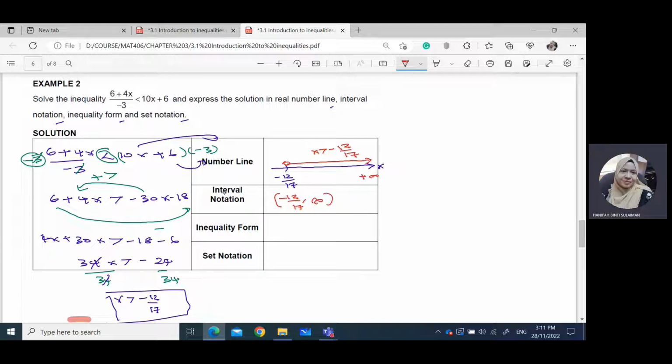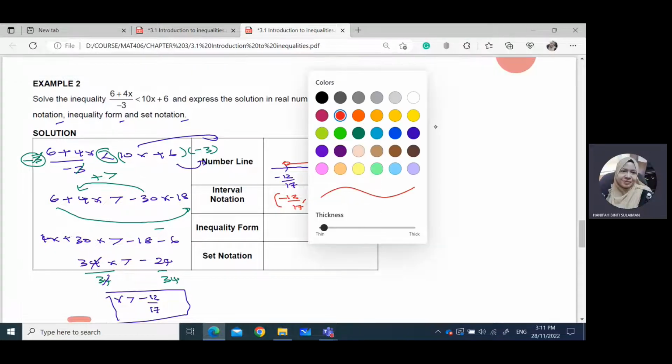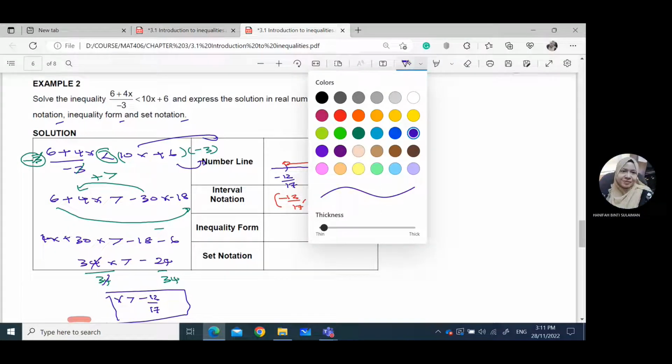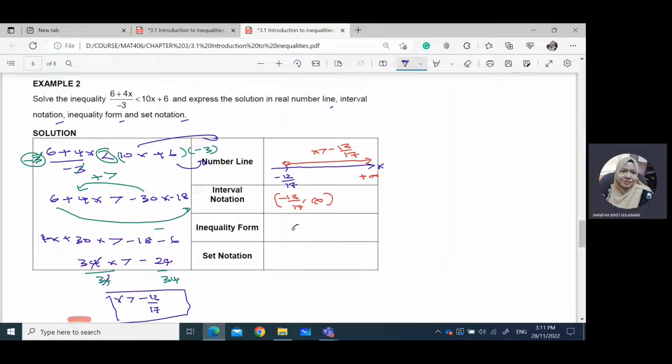Positive infinity. So this one is in interval notation. And in inequality form, it is x greater than negative 12 over 17.